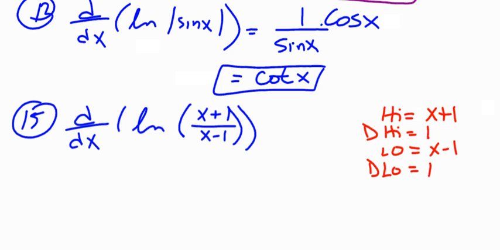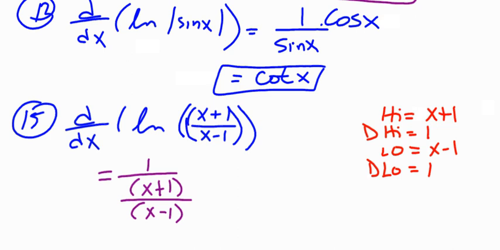And then I'm going to be using a combination of derivatives here with a quotient and then for the inside function. So I'm going to go ahead and say that the derivative of this is going to be 1 over, dealing with the ln. And I realize I have a missing parenthesis in here. Okay, and then I'm going to multiply by the derivative of the inside, which is going to be following the quotient rule.